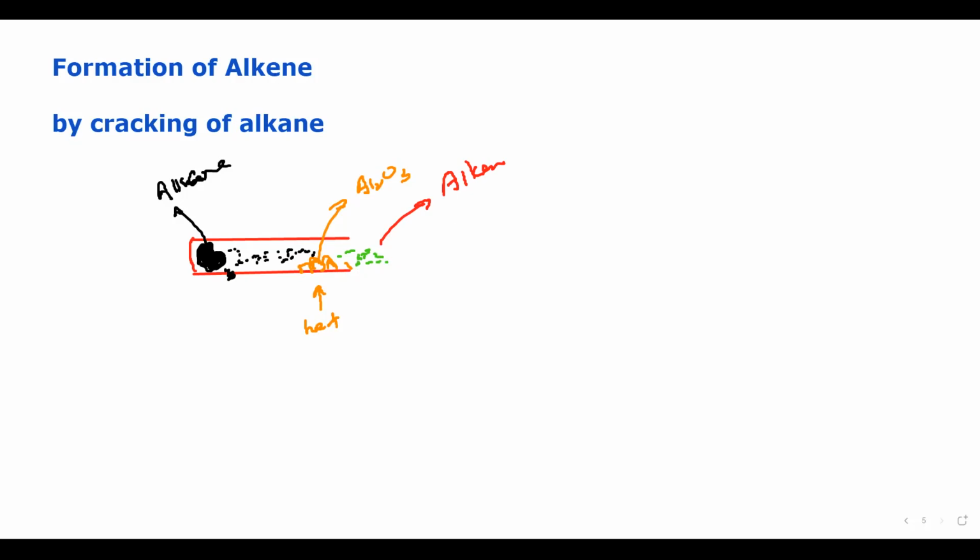So this is how cracking is done. Cracking means breaking down of a long chain molecule into smaller ones. We call that cracking. So whenever we have a long chain alkane or a large molecule, it breaks down into alkane plus alkene.